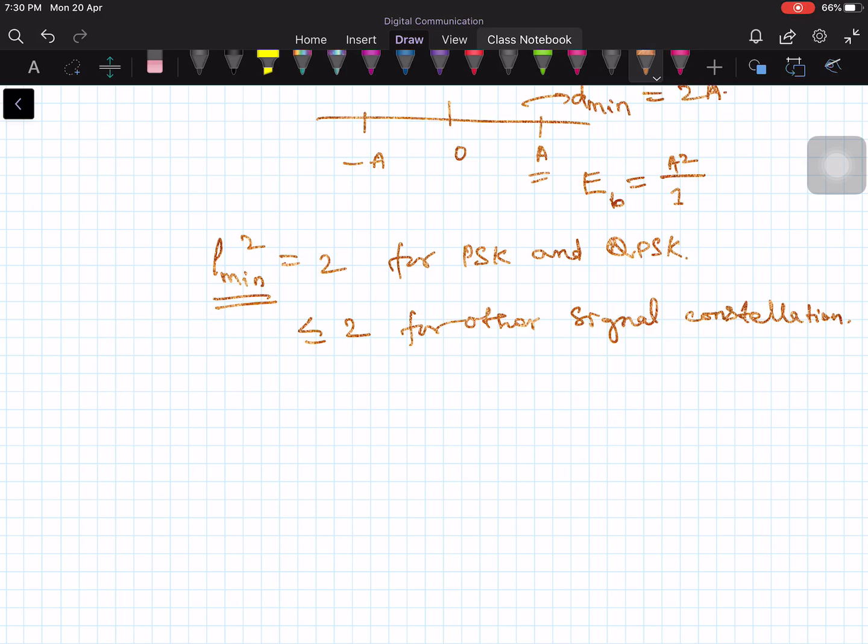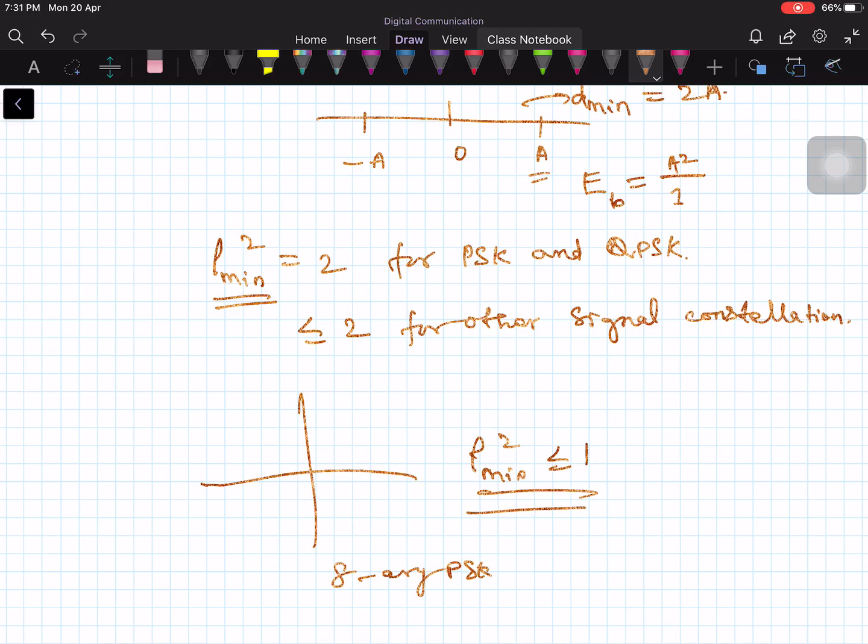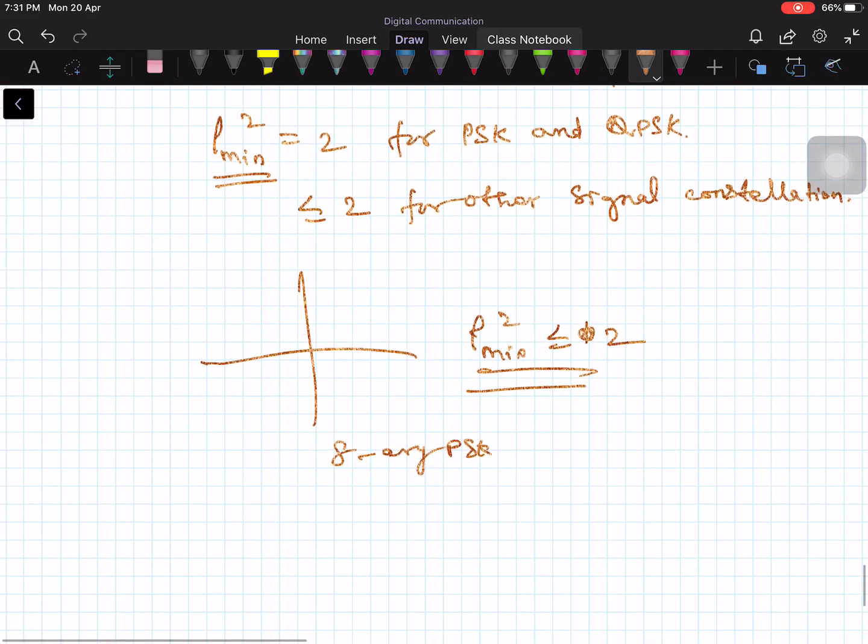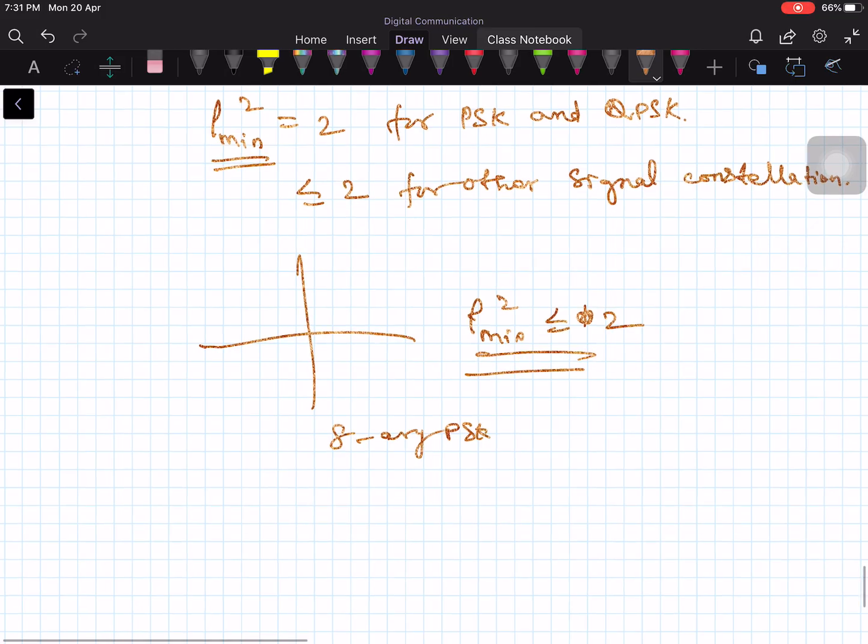Take any other constellation, let's say 8-PSK, and you can find this rho min square. This is always less than or equal to 2. Now you can ask, why is this rho min square so important?